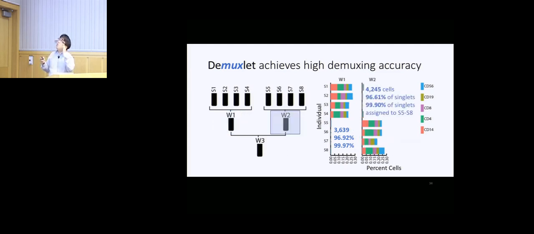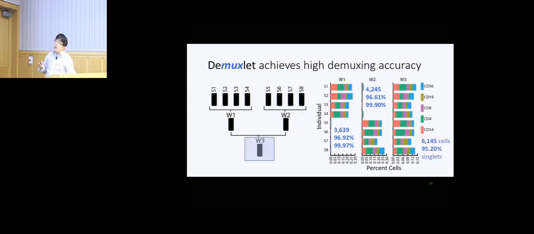In well 2, we loaded a little more cells, 4,200 cells, and in this case the numbers are very similar. 96.6% singlets, and they were assigned correctly to the right half at 99.99%. And in well 3, we used all the samples.